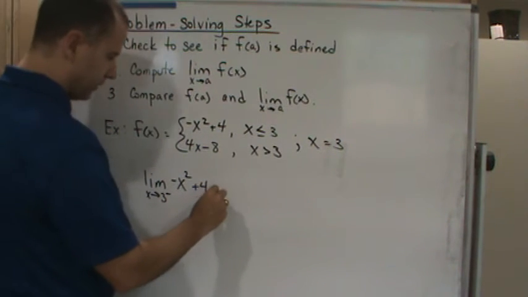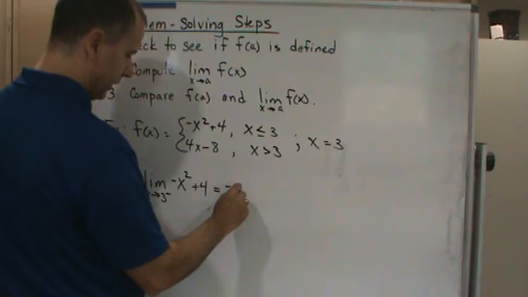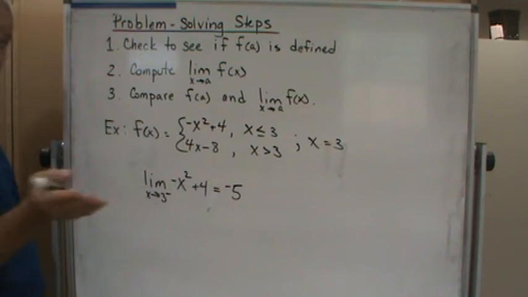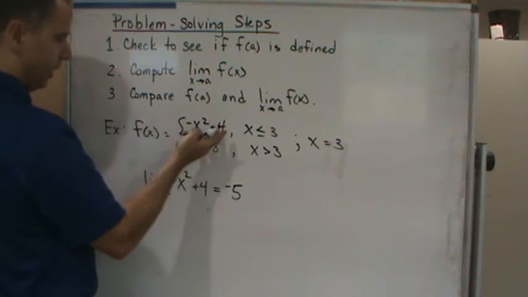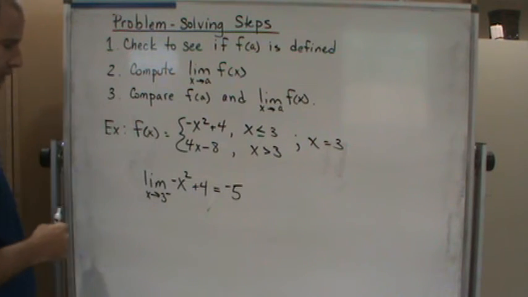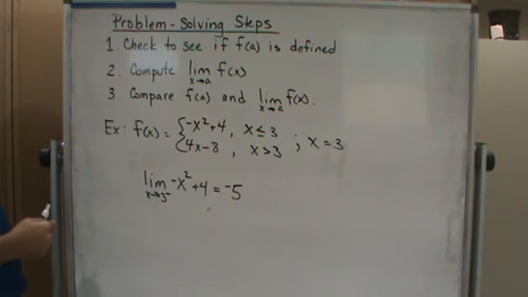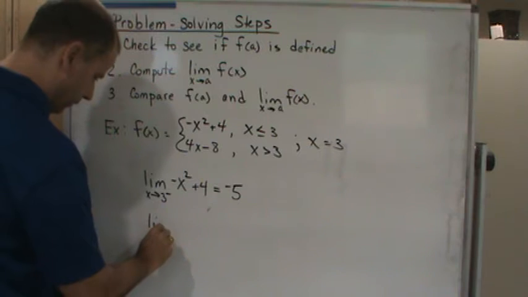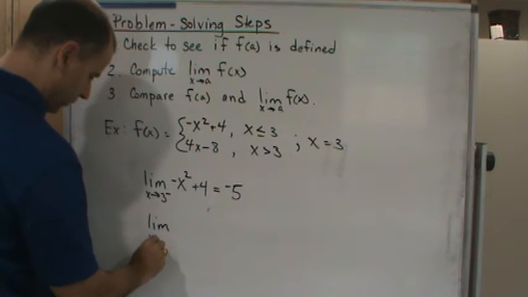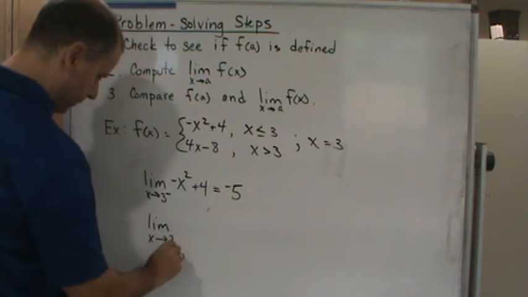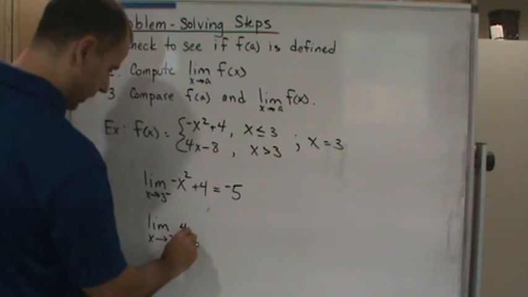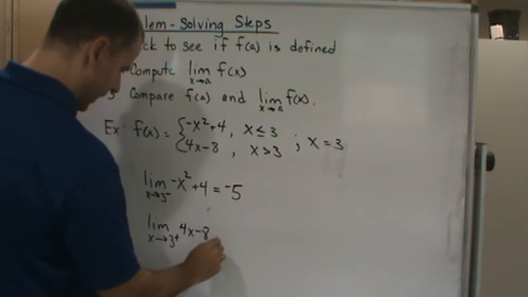Now we already saw that this limit here is going to be negative 5, right? Because from our previous video, we found out that we can just plug in and evaluate by just plugging in the value of a. Okay, now let's do the limit from the positive side, the right side. And now we're going to do this rule, which is 4x minus 8.